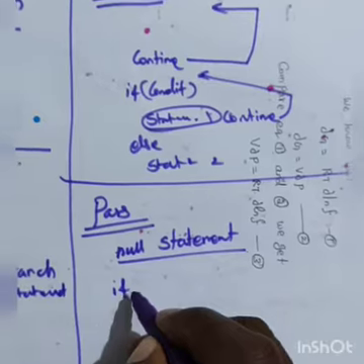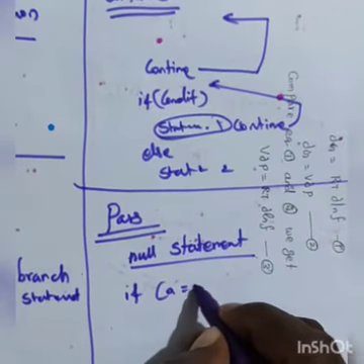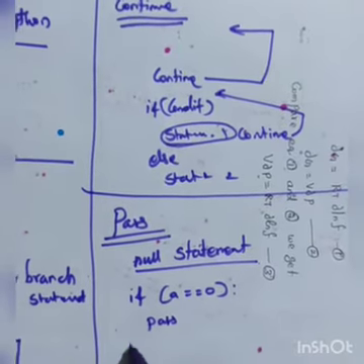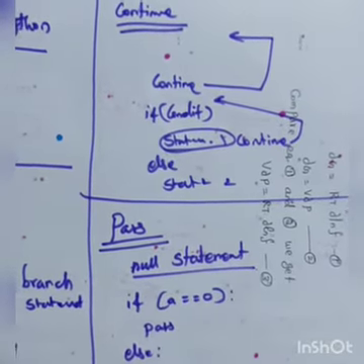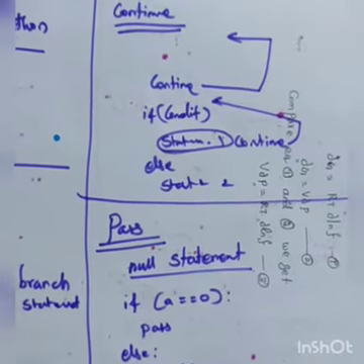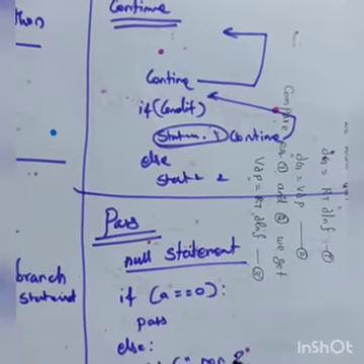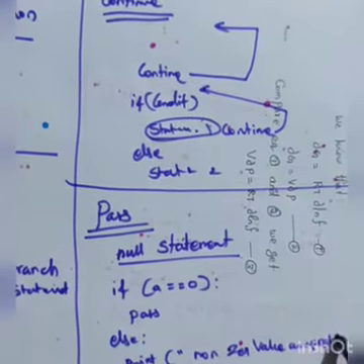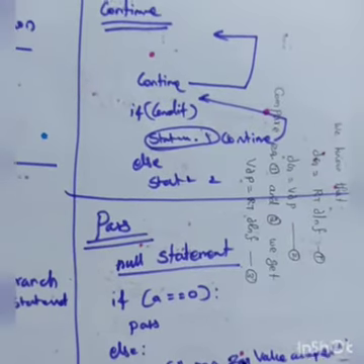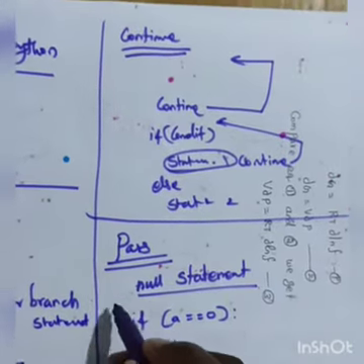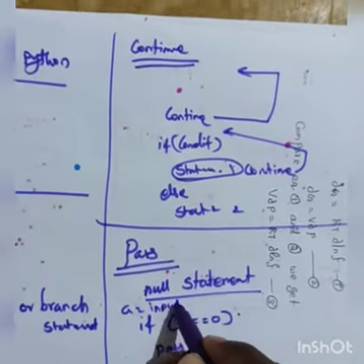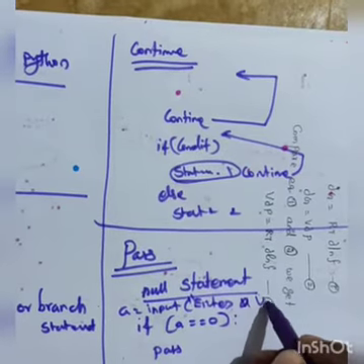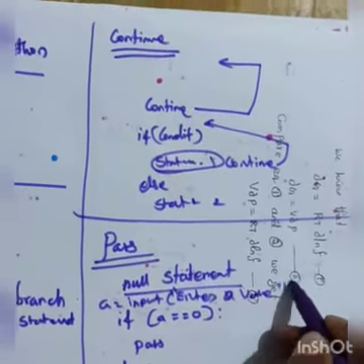One example: if a is equal to 0 colon pass, else print that it is a non-zero value, accepted. That means only a non-zero value is accepted. For example, a is equal to input, in double quotation marks enter a value, then colon.